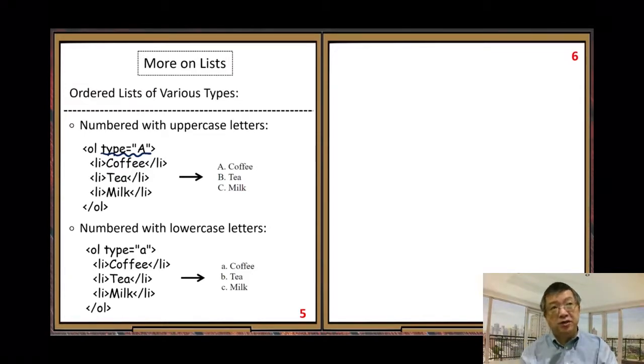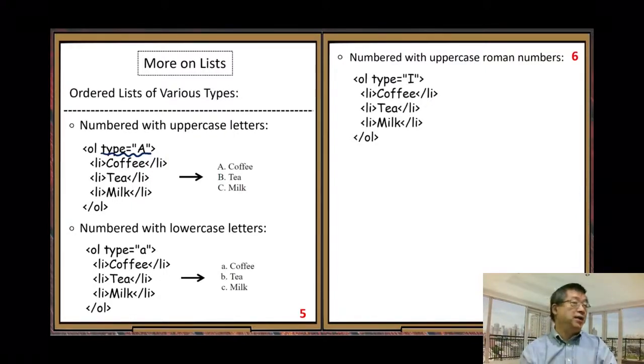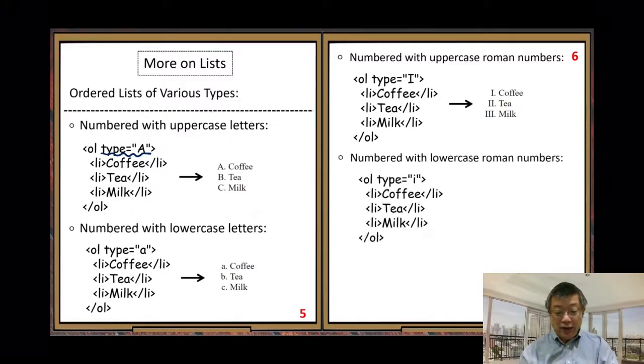Numbered with uppercase Roman numerals, capital I, like this. Similarly, lowercase Roman numerals, little i. So it's pretty easy to use these different styles or types.